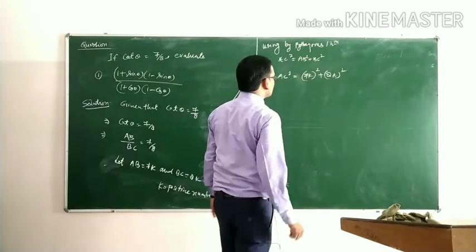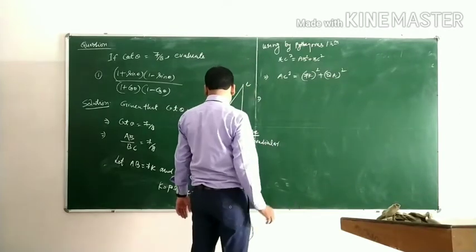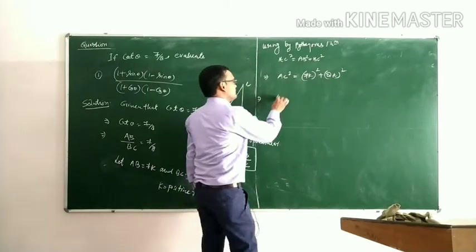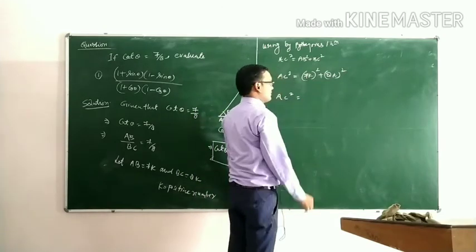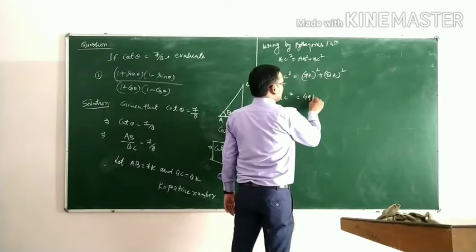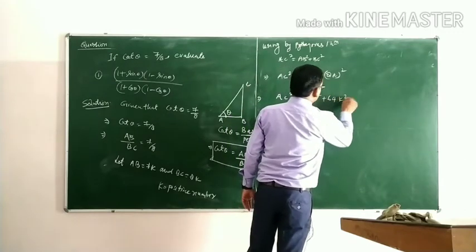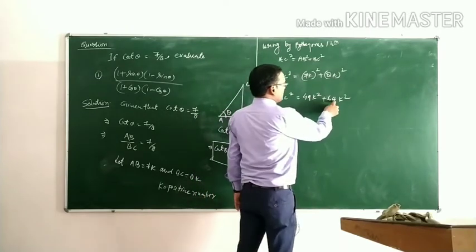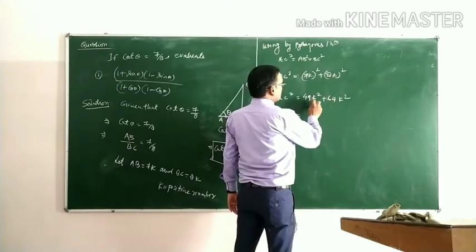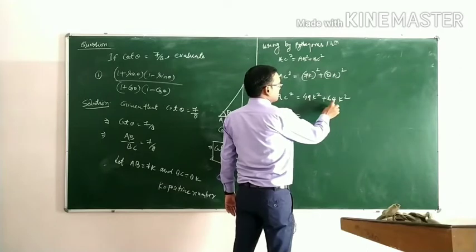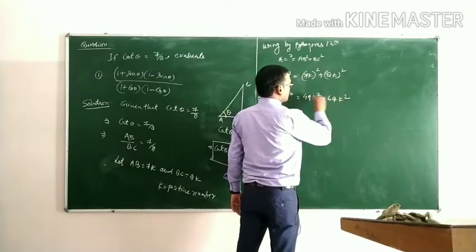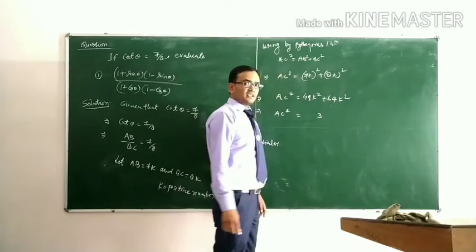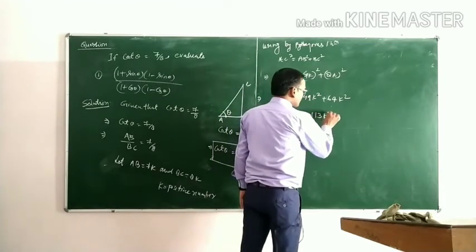This implies AC square equals 49K square plus 64K square, which is 113K square.